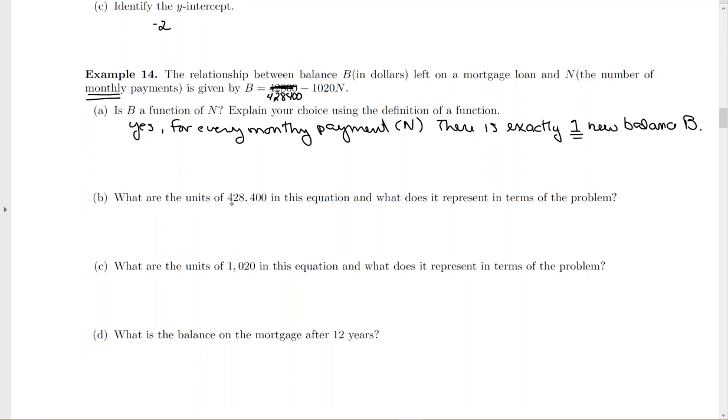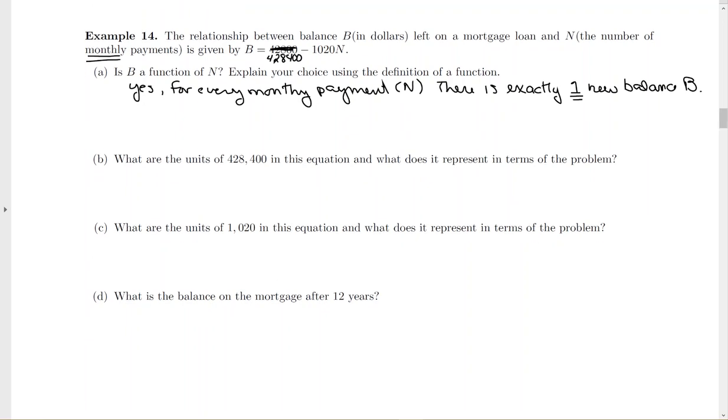What are the units of the 428,400 in this equation? And what does it represent in terms of the problem? I know that number's the y-intercept, but that's not what we mean in terms of the problem. In terms of the problem, a y-intercept is an initial amount. So the question is, it's an initial amount of what? If we look back at the problem, it's going to be the initial balance of our loan in dollars.